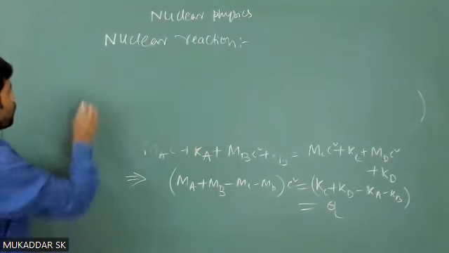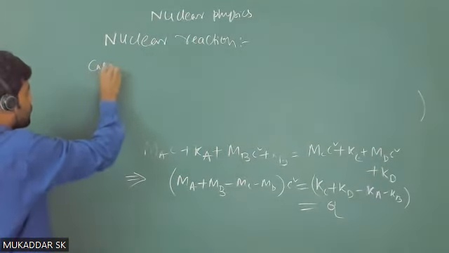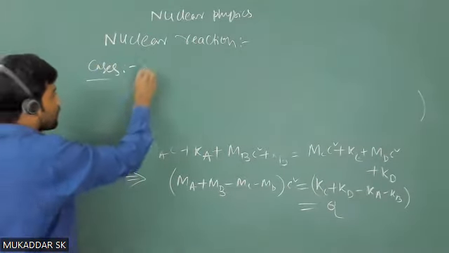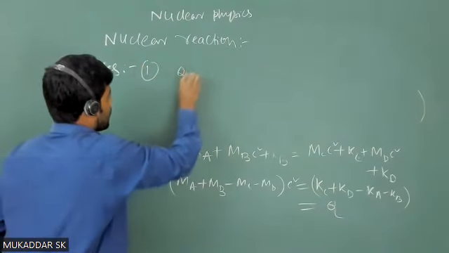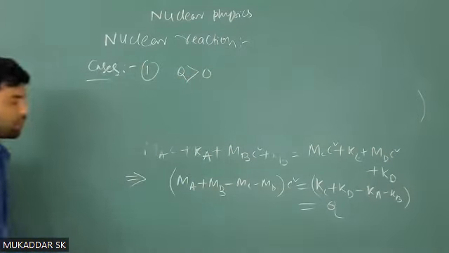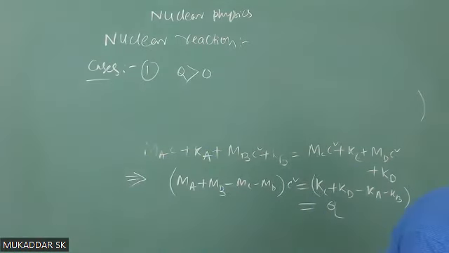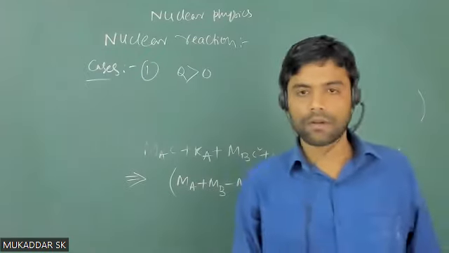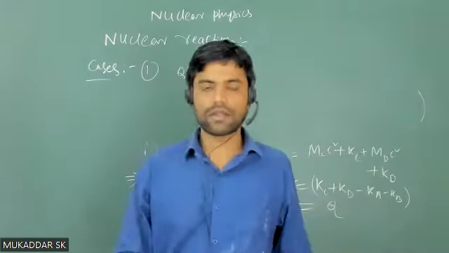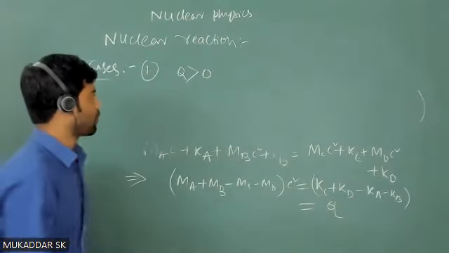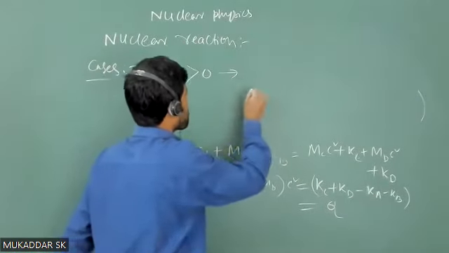And there are basically two different cases. If Q is greater than 0, what is this process called? That is called an exothermic process, and that process is actually spontaneous.